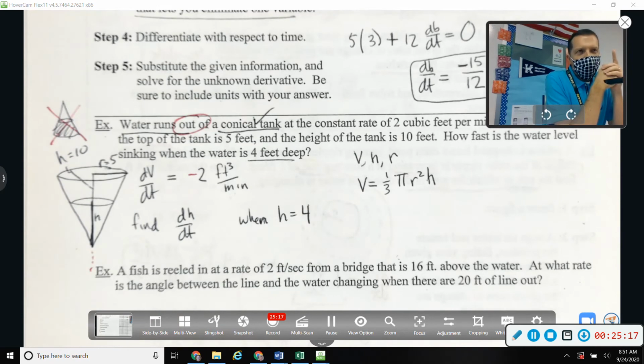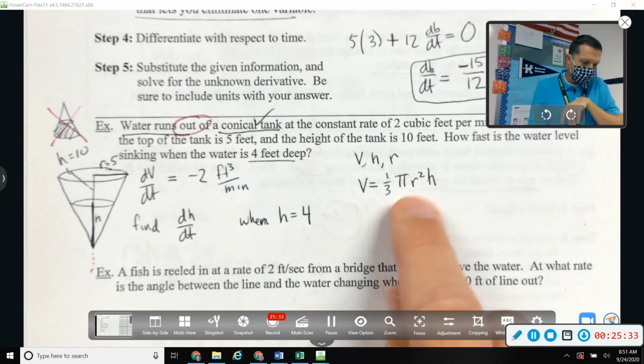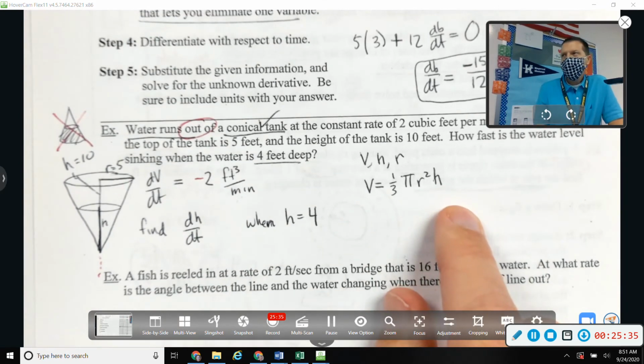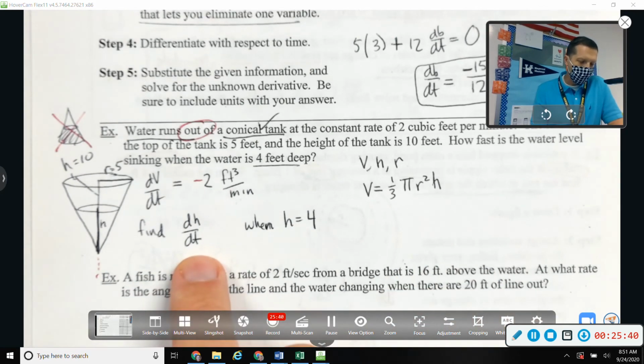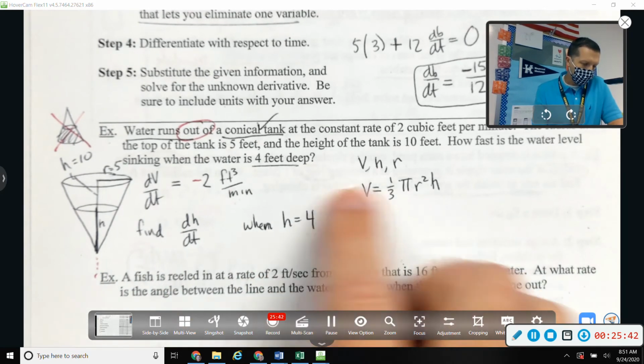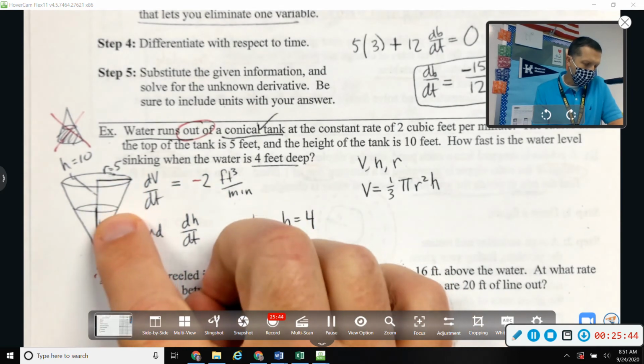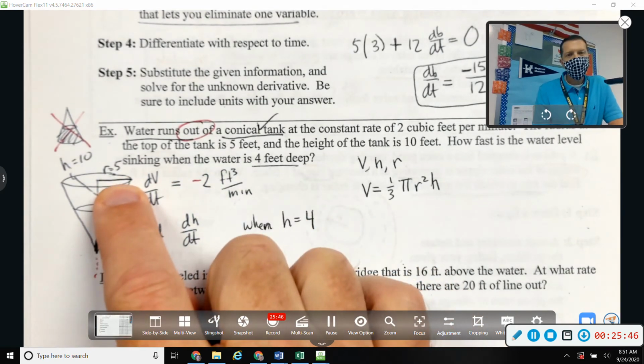Pause right there. Don't run ahead here. If I take a derivative right now, what rule am I going to have to use? Product rule. That's going to kind of not mess things up. I mean, we know how to use the product rule. But it does mean we'll have a dr/dt and a dh/dt show up. And I'd really rather not mess with that because I don't know anything about dr/dt. Like I don't know anything about r at all, really, other than the overall radius of the tank.